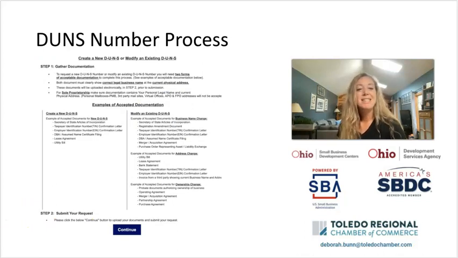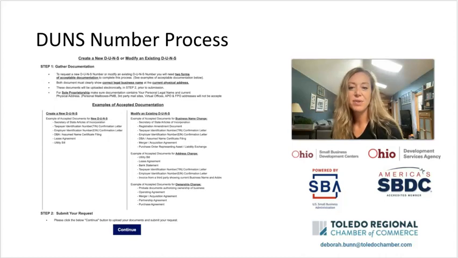It's going to immediately tell you that you need these documents in order to continue. These are the same documents that I covered a couple slides ago. And there are examples of what those accepted documents are. So if you're creating a new DUNS number, you're going to look at the left side of this column, and it's going to say the examples of accepted documents for the DUNS.